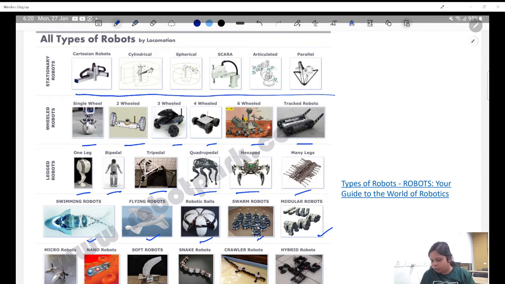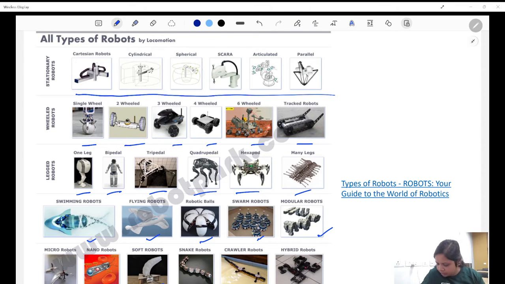Then there are soft robots. This is the area in which I also work. These soft robots are ones which have active compliance or passive compliance in them, which means they can deform according to the nature of the environment.